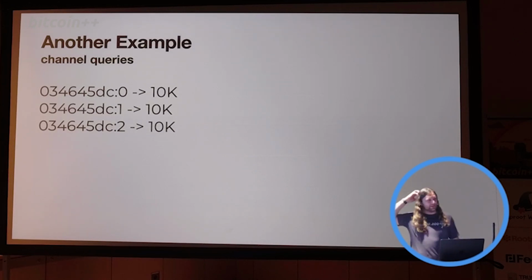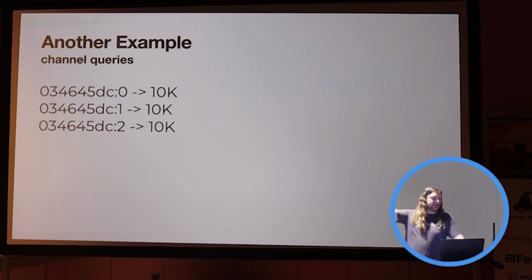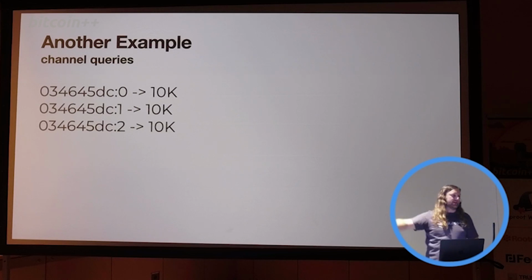We also have this thing where people like to refer to channels by their peer identifiers, which is a challenge as a Lightning developer. But there's a syntax for what are called channel queries. Here we have a peer at this address, 03 something, that's their public key, and we're indexing which channel we have with this guy.